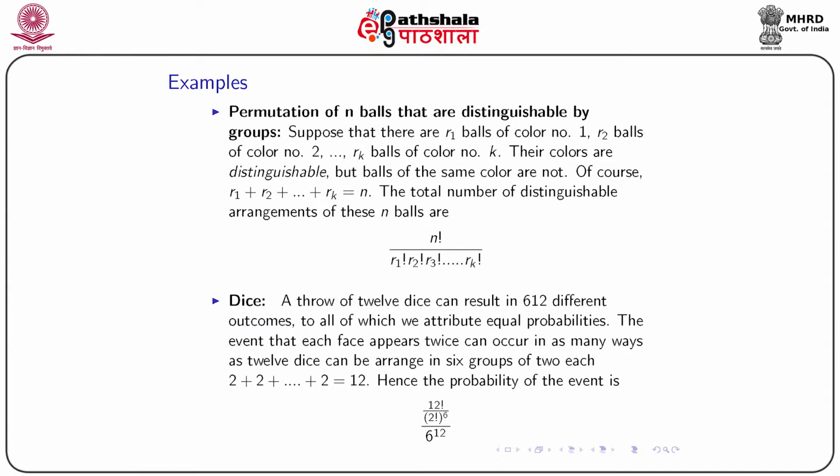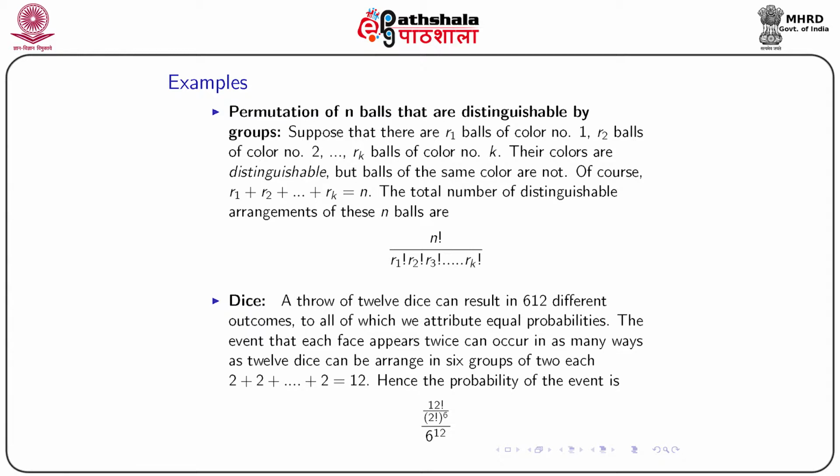So the R1 balls of color number 1 are indistinguishable among themselves, but they can be distinguished from the R2 balls of color number 2. Once again, the R2 balls are indistinguishable among themselves. So the balls of the same color are not distinguishable.